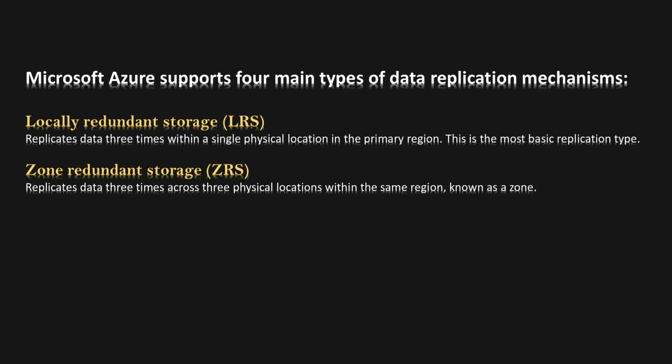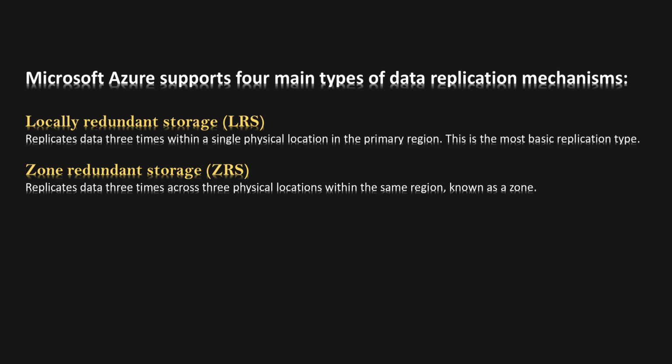I will give you an example about it. Suppose there is an e-commerce website that uses ZRS for their user transaction logs. It replicates their data across multiple availability zones within the same region. It ensures that the data remains accessible even if one zone experiences an outage.